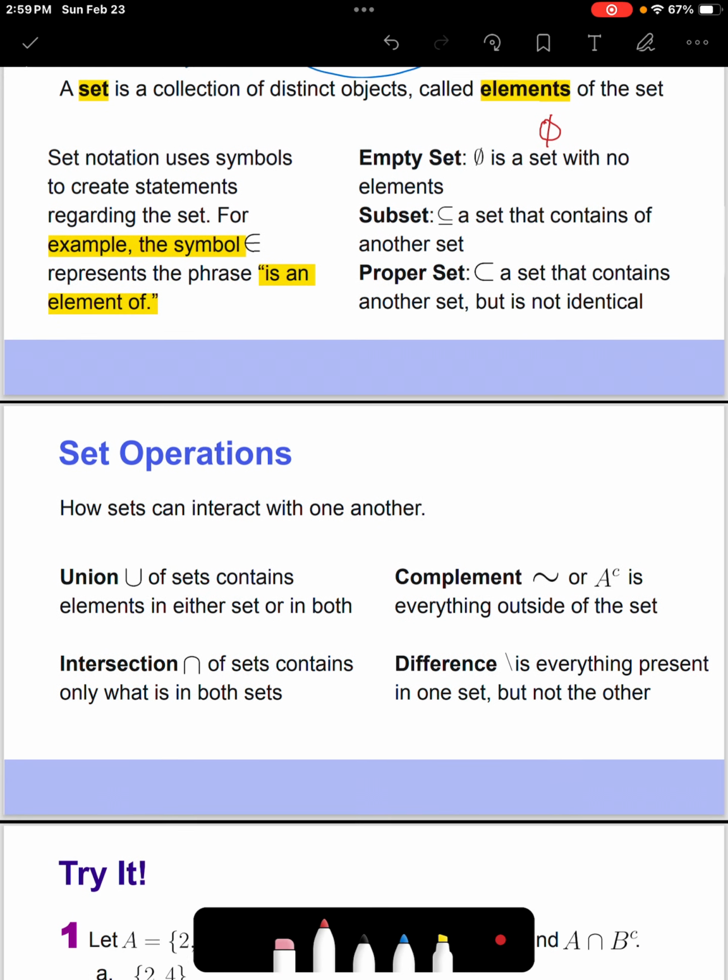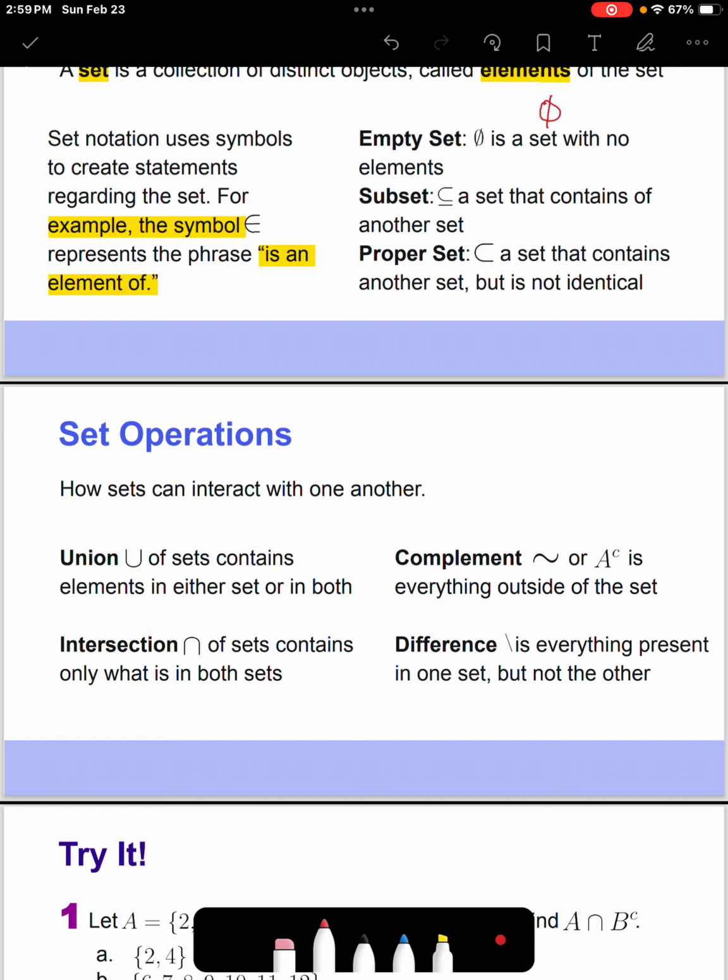So we can also do set operations. How do sets interact with each other? This one is a union, and the key word in a union is the word or. They're in one set or another. The next one is an intersection.